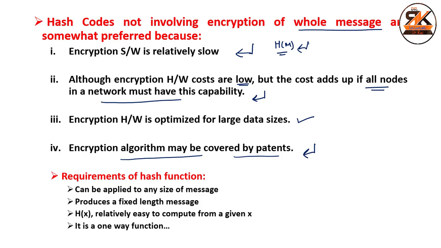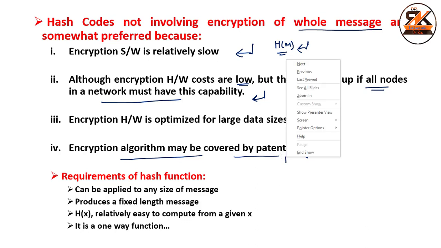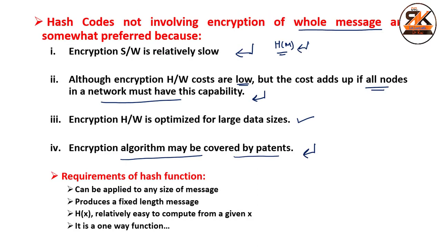So we cannot use them so frequently. They require some cost, maybe in terms of money or in some other way. So that is another reason why we do not encourage the encryption of the whole message. Instead we do the encryption of the hash value, and sometimes we do not prefer encryption.